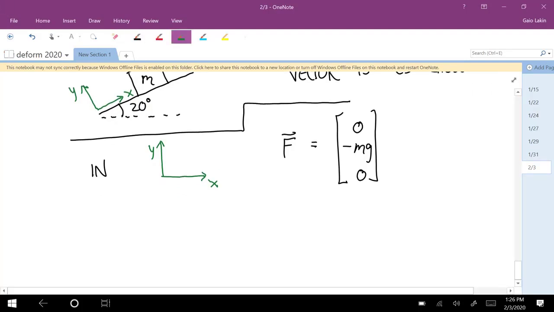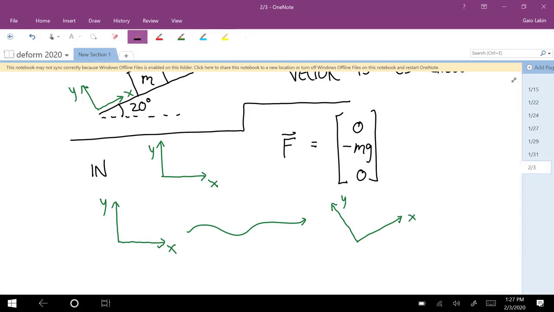And then if we want to go, so to start with this, we already know this. Okay. So we want a rotation matrix that takes this coordinate system to this one. So to go from here to here, you need a theta of positive 20 degrees about the z-axis.